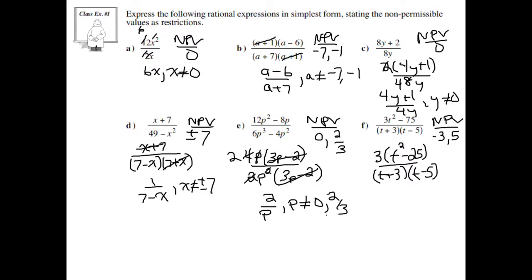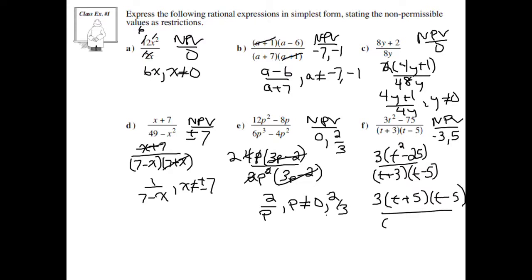Now both t squared and 25 are perfect squares, and they are separated by a minus, which means I can use a difference of squares on these. So I'm going to fully factor it further. Now, the square root of t squared is t. The square root of 25 is 5, so t plus 5 times t minus 5.